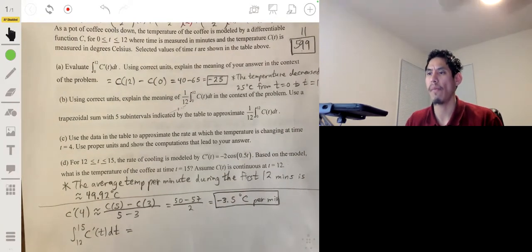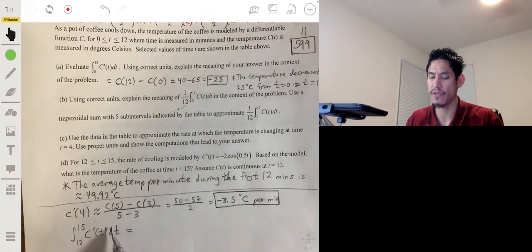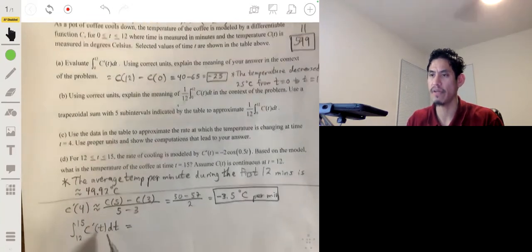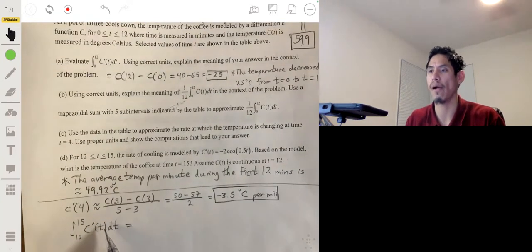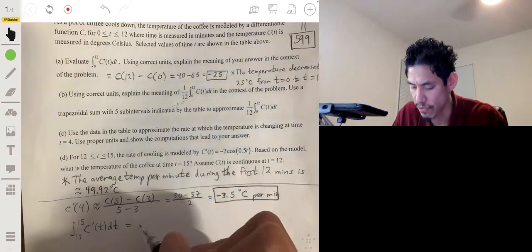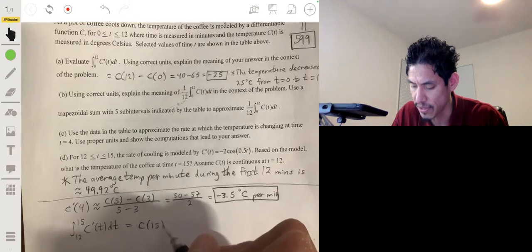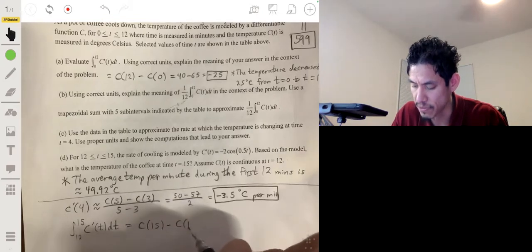The reason I'm doing this is because even if you don't know the explicit function for c of t, we can still write this as being equal to c of 15 minus c of 12.